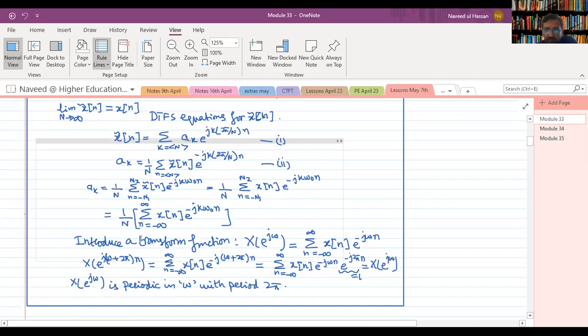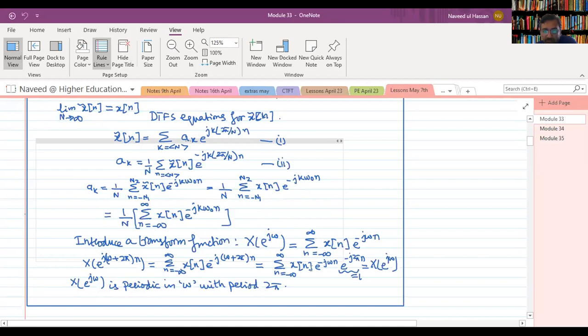And then we introduce a transform function which is a continuous function in variable omega, and we notice that these coefficients a_k are in fact the samples of this transform function at omega equal k omega naught.